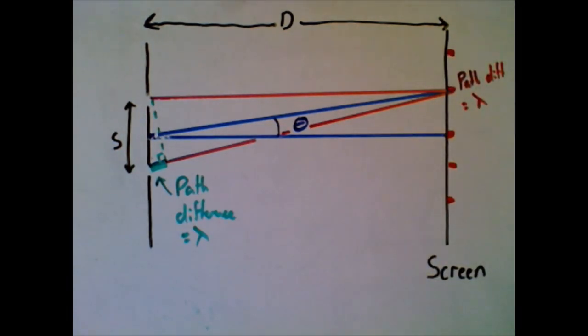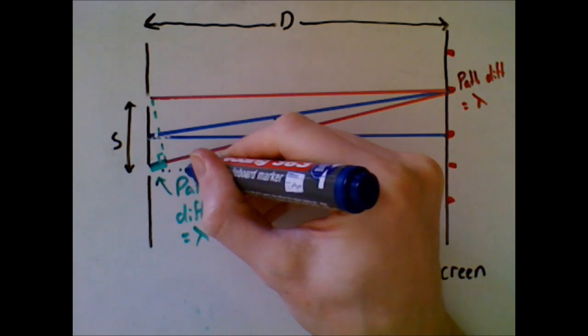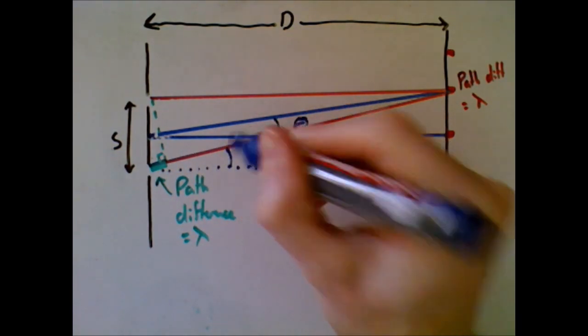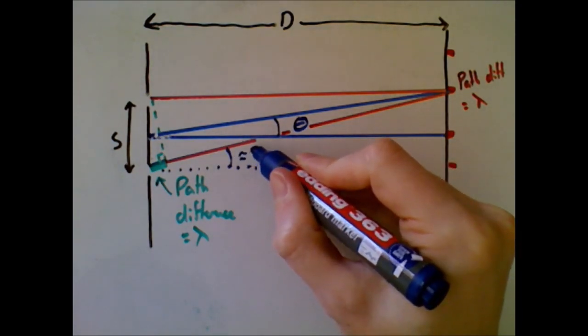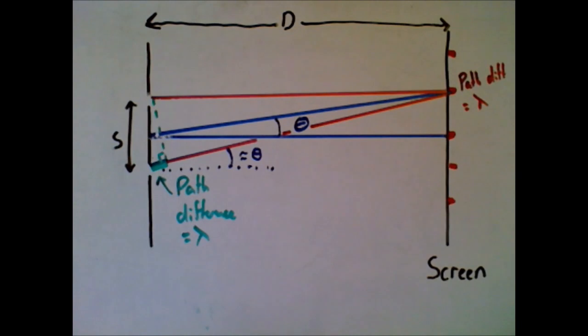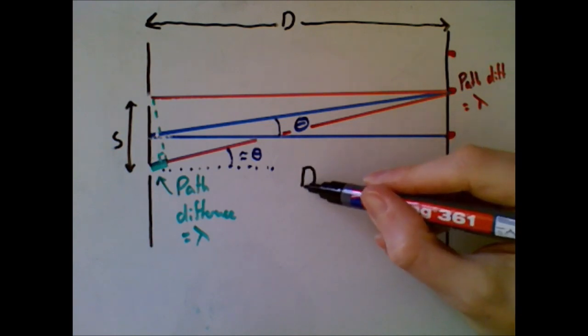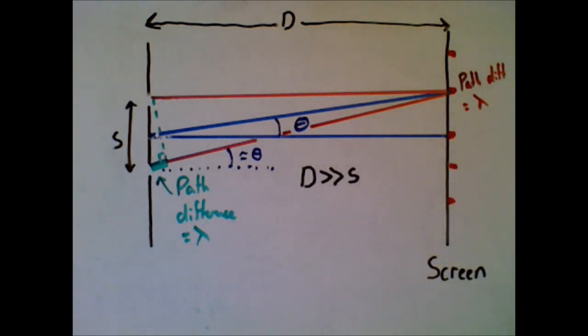Now, very, very roughly, if I draw another horizontal line across, that angle in there is also approximately theta.